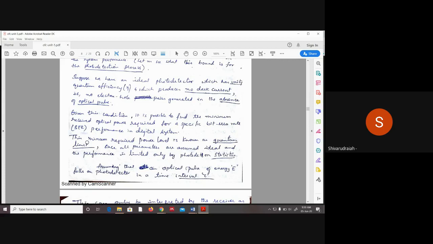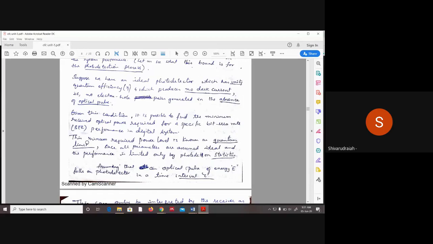Bit error rate is nothing but how many bits out of your total number of bits of your information signals are error prone. That is going to define your bit error rate. Usually bit error rate should be as minimum as possible. Ideally speaking, it should be in the range of 10 power minus 9 to 10 power minus 12.